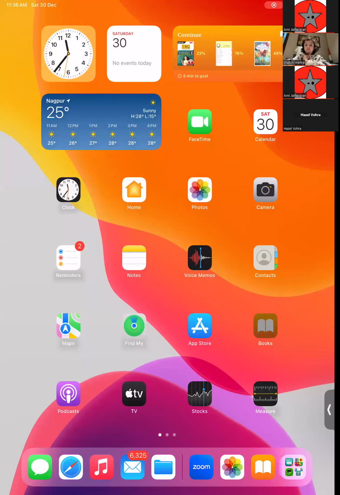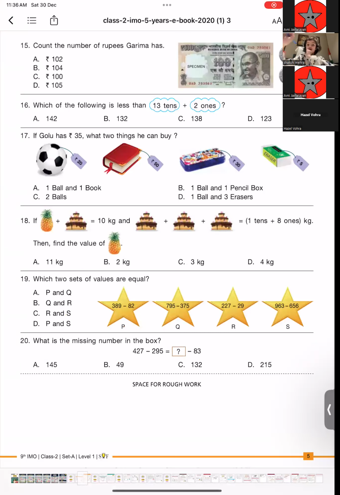Who said yes? Tell me your name. Sakshi. Even without solving, we can give the answer because when you add 83 to 132, it's going to be much bigger than 145, and the only option available is 215. Did you understand this strategy, kids?